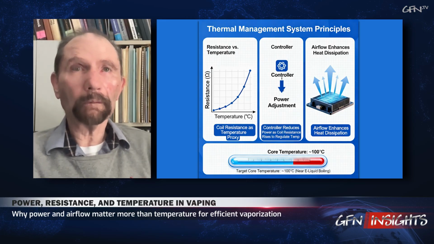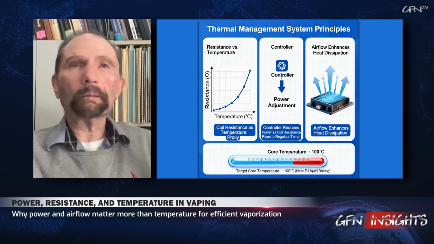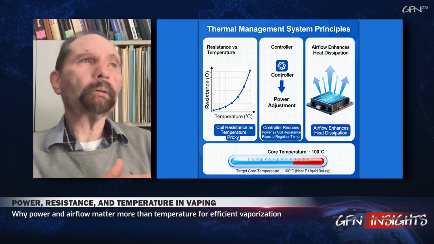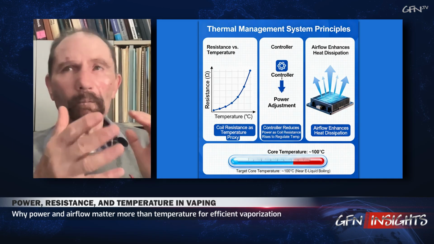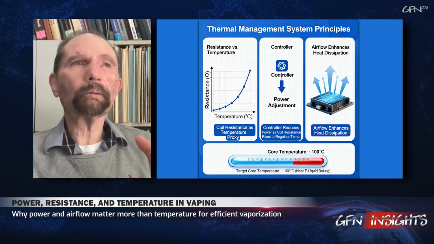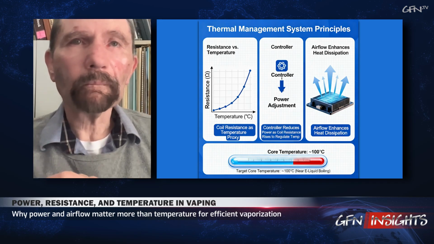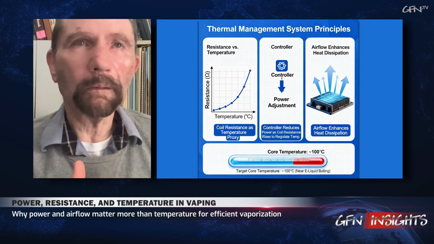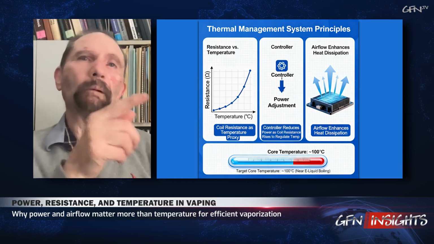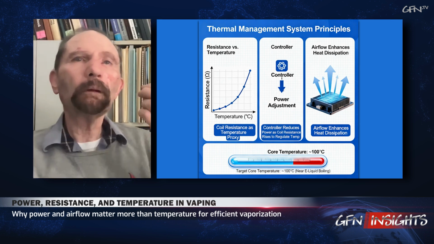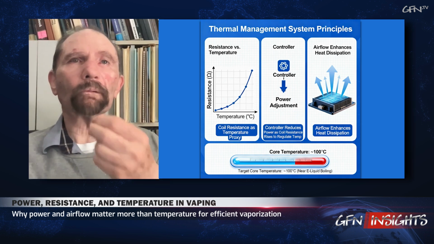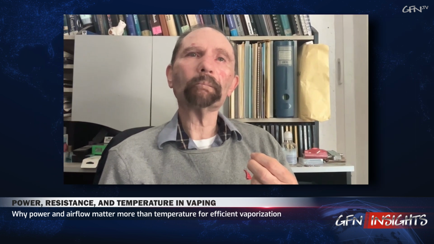And some of these devices are not very accurate. We have tested them in the laboratory, and if you use them with the right airflow, they are more or less accurate. There are many temperatures in vaping: the liquid, the aerosol, the mouthpiece, the walls. Let's talk about the important temperature, the coil temperature, right?